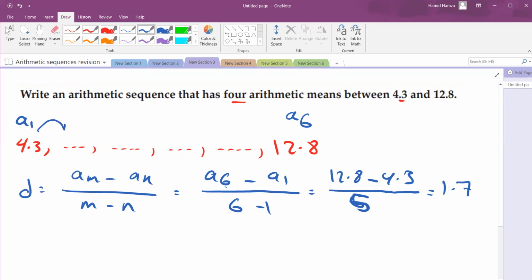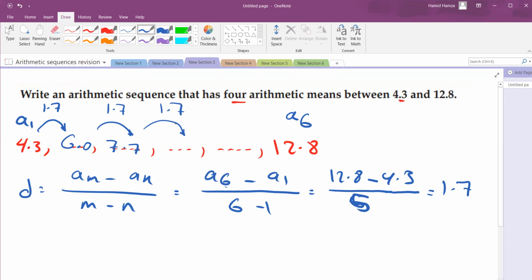So each time we will add 1.7. So 7 and 3 will be 0, so 0 point 2, it will be 6. And each time I'll add 1.7, so it will be 7.7. We keep going like this to fill all spaces.